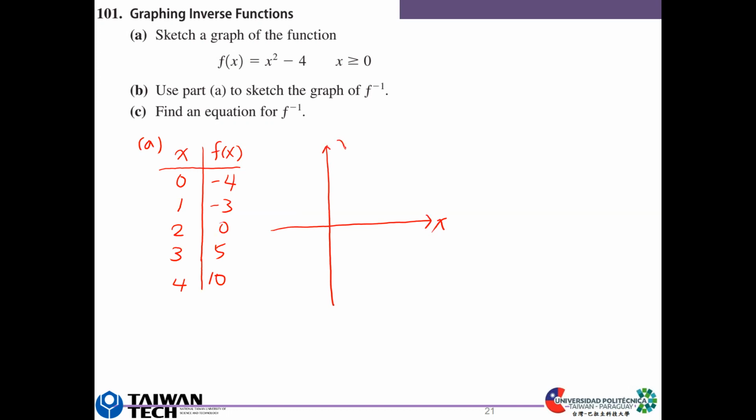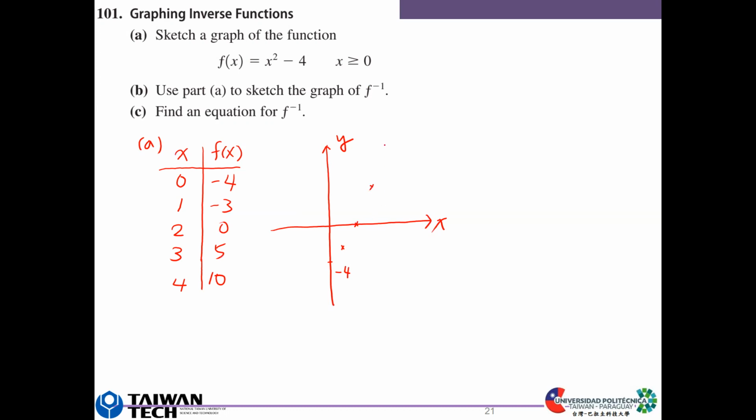On the x and y axes, when x is 0, this is -4. When x equals 1, it is -3. When x is 2, it is 0. When x is 3, it is 5.